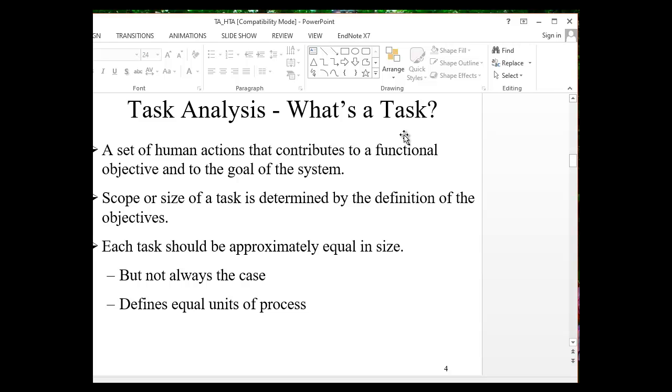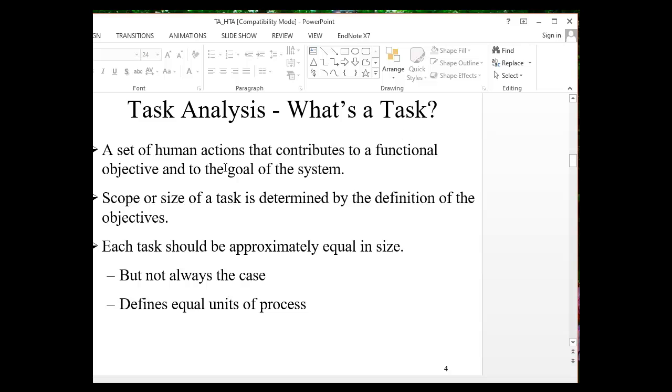So a task is a user requirement or a user goal or objective which we can perform or complete following some actions, some requirements, using instruments to complete that task.